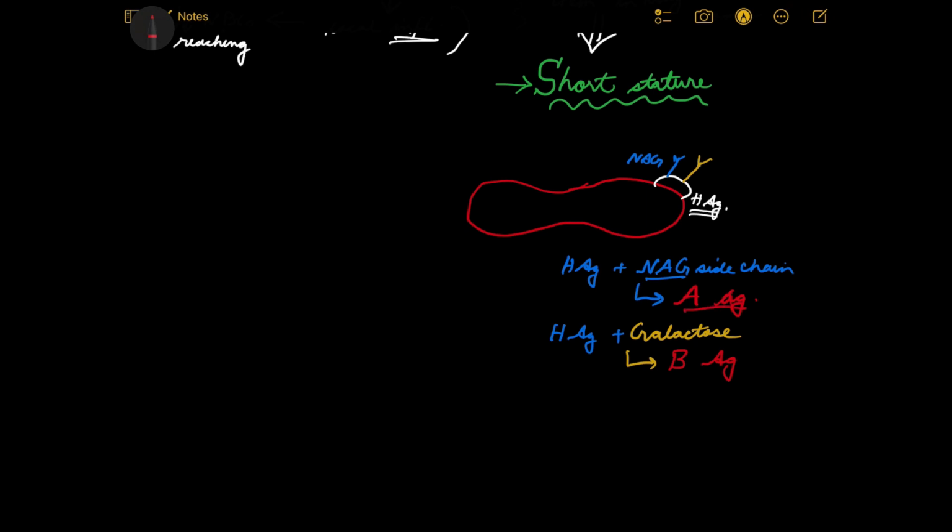So A antigen means A blood group, B antigen means B blood group. If both of them are present, AB, and if none are present, that would mean O blood group.